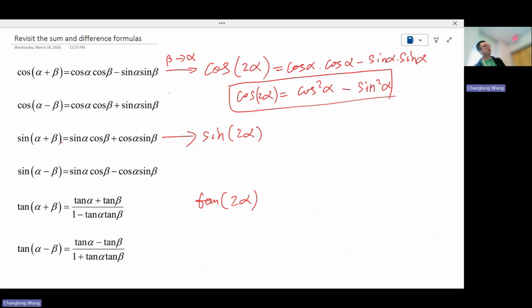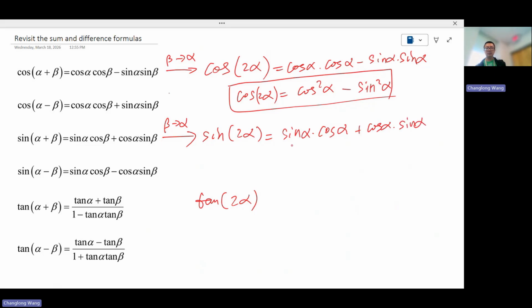By looking at the sum of angles for sine and replacing the beta with alpha. Now on the right-hand side you have sine alpha times cosine alpha, plus cosine alpha times sine alpha.